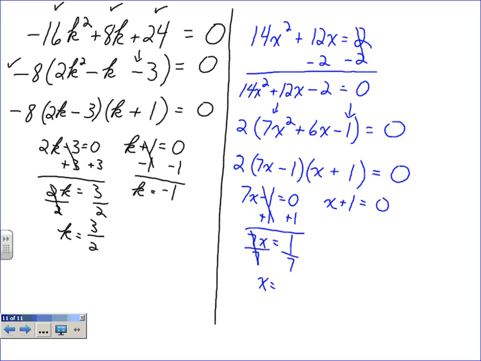So x is equal to 1/7. On the other equation, I'm going to subtract 1 from each side. x equals negative 1. All right? So that's a couple little twists and turns on the homework.